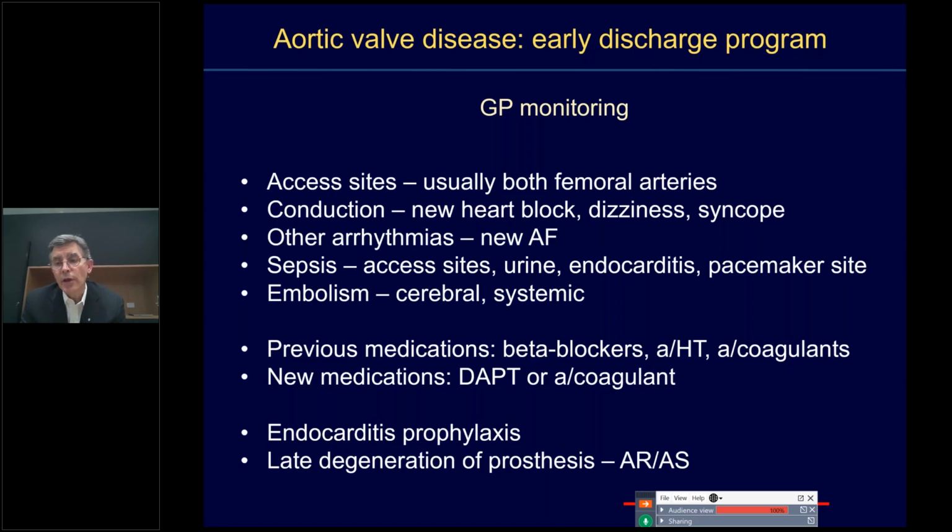So if you can keep alert to those sorts of things, particularly in the patients who do go home early, we'll be watching them pretty carefully in the first 24, 48 hours, but it is possible that some of them can develop problems beyond that once they've gone home. I'll leave it there and see if you have any other questions.